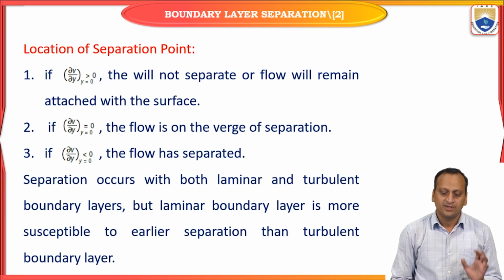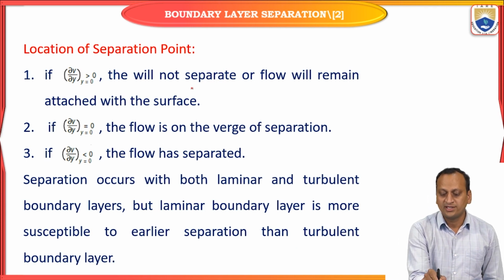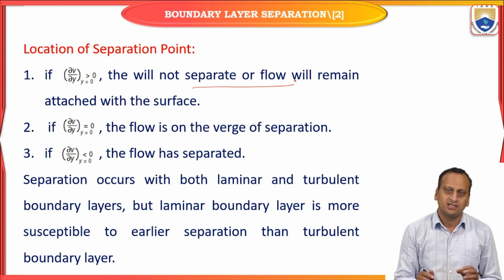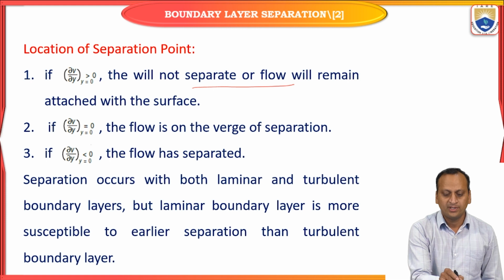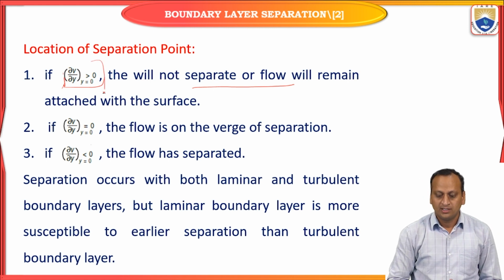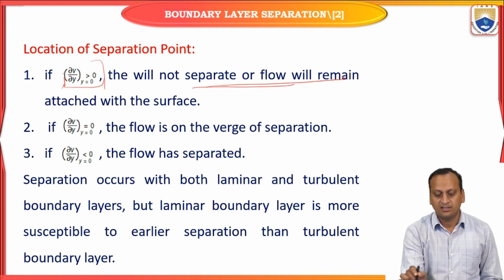Whether the boundary layer is going to separate or is already separated, you can describe based on these conditions. If the velocity gradient ∂V/∂y is greater than 0, then it will not separate and will remain attached to the surface of the solid body.